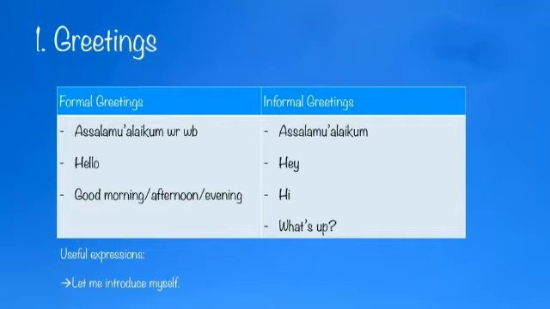Assalamualaikum is the best greeting for us as Muslims. We can use it both for formal or informal situations. Other examples of formal greetings are hello, good morning, good afternoon, or good evening.